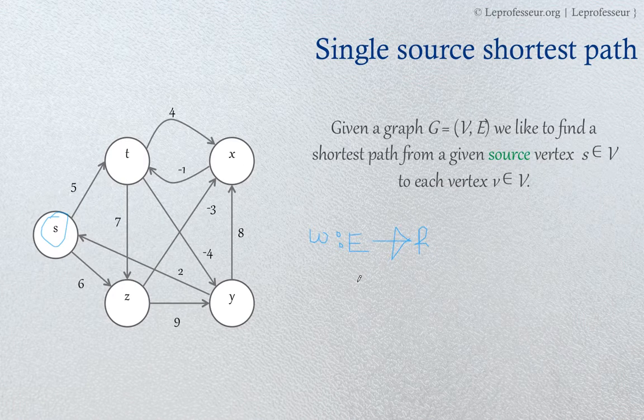Now, you may also think about a practical problem. Let's say you want to take a road trip from Toronto to New York, and there are different cities on the way, and you want to find the shortest path to each of the cities from Toronto, so that you can visit each city on the way while you are driving from Toronto to New York.